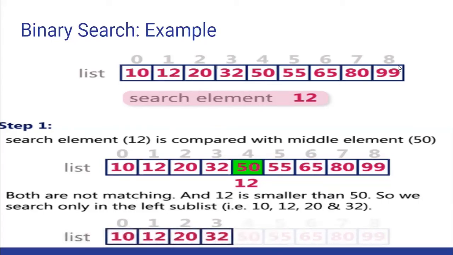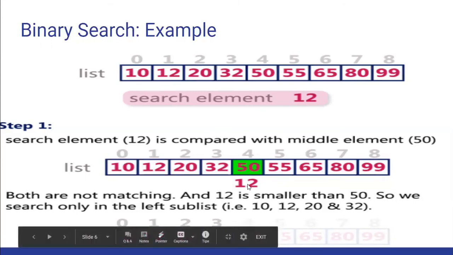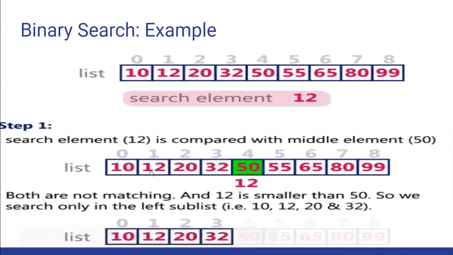Indices 0 to 8, so 4 is the middle index. What is the value at the middle element? It is 50. So 50 and 12 are compared. Since 12 is smaller than 50, we will focus our search on the left hand side of the list, that is, we will search the elements from 10 to 32.